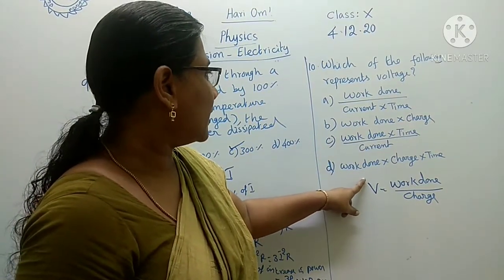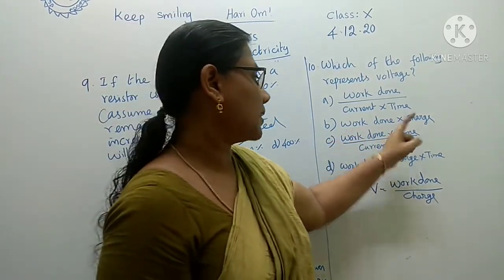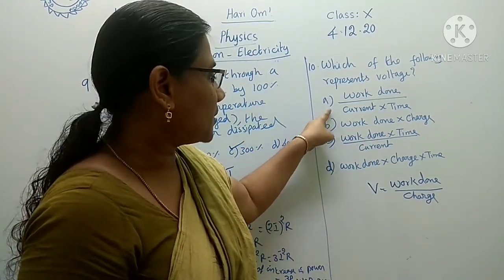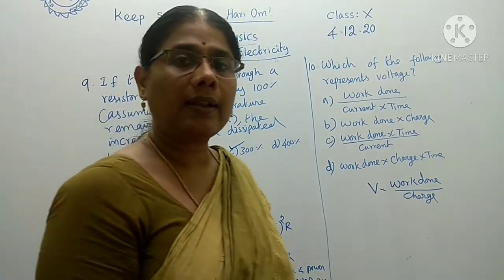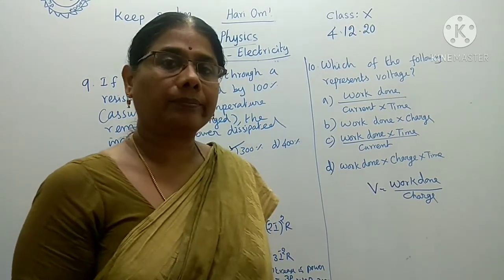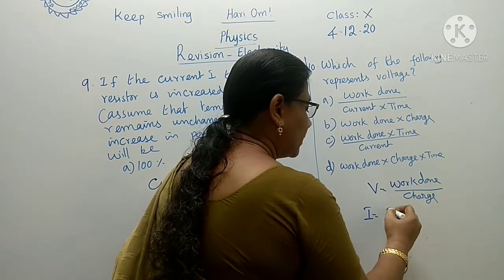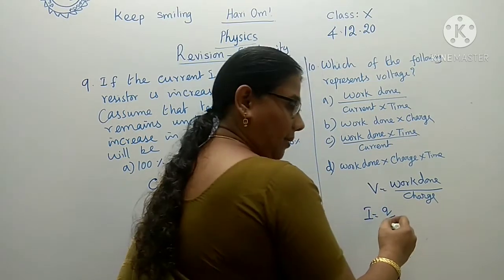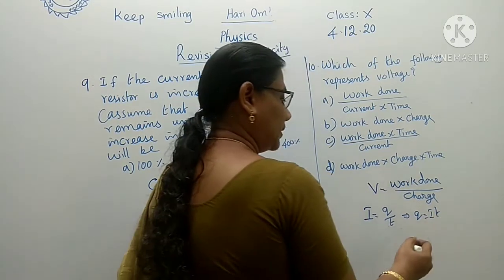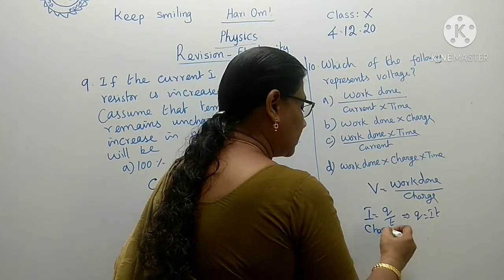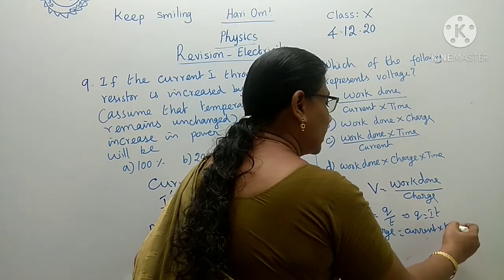Is there any equation of work done by charge? No, work done into charge only is there. But in terms of current is given. So what is the relation between current and charge? Ravidev? Yes, that is I is equal to Q divided by time. So Q is equal to I into T, that is charge is equal to current into time.